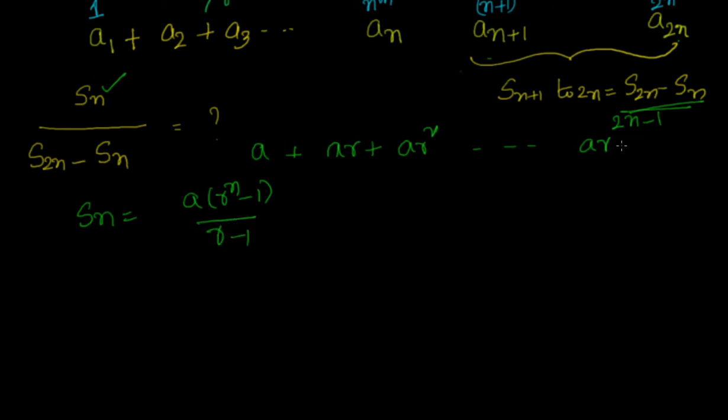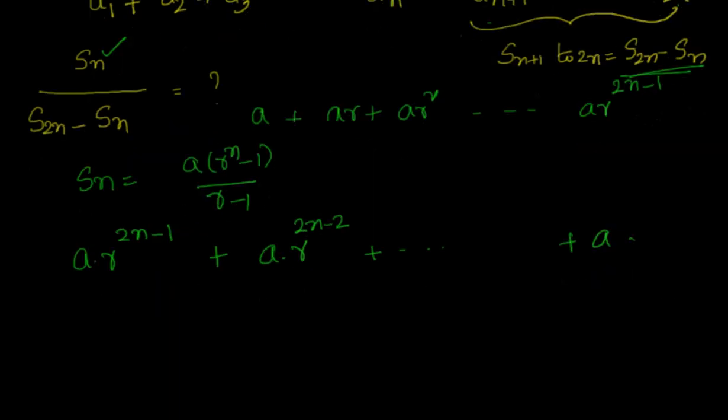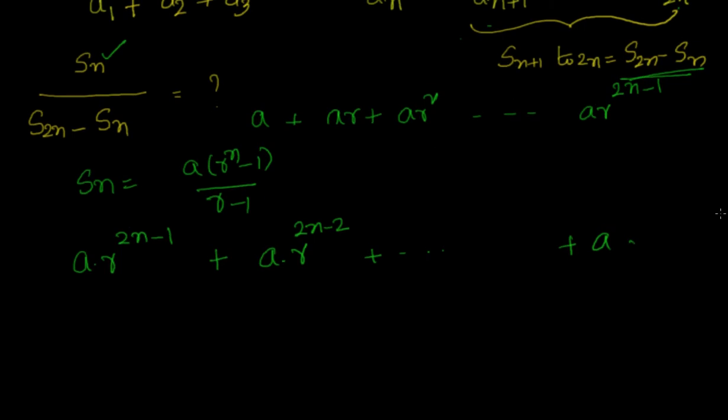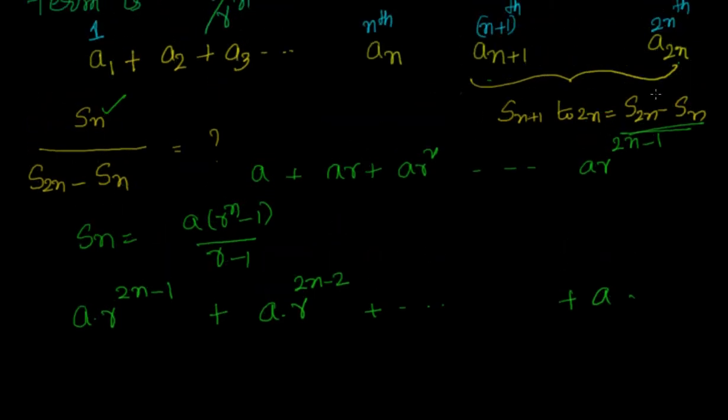But for finding n plus 1 to 2n, like I did earlier, I will reverse this geometric progression and say my first term is a r to the power of 2n minus 1, my second term is a into r to the power of 2n minus 2, and it goes on, and at the end I will have a. Okay, right. Now how many terms do I have to find out? If I want to find from here the n plus 1 to 2nth term, from the right side how much will it be?